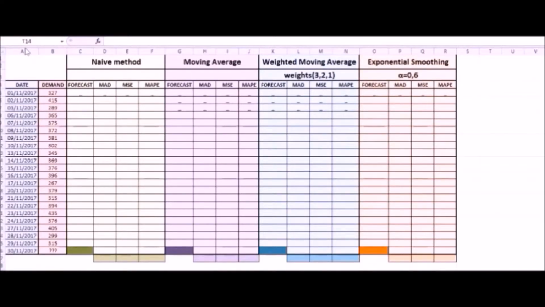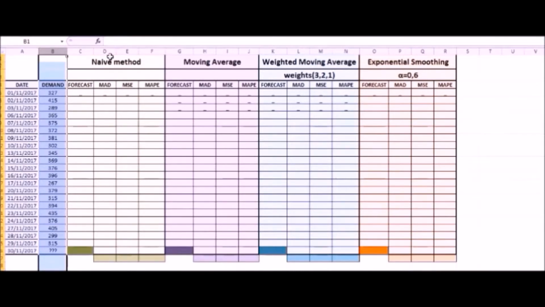So here is our Excel file. The first column represents the date since we have time series data and we will consider only November 2017. The second column represents the item to be forecasted, which in our case is the daily overall number of demanded meals.